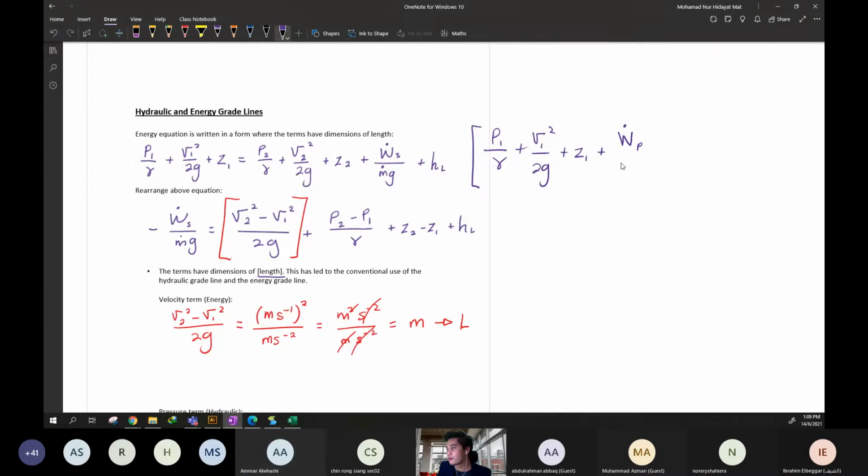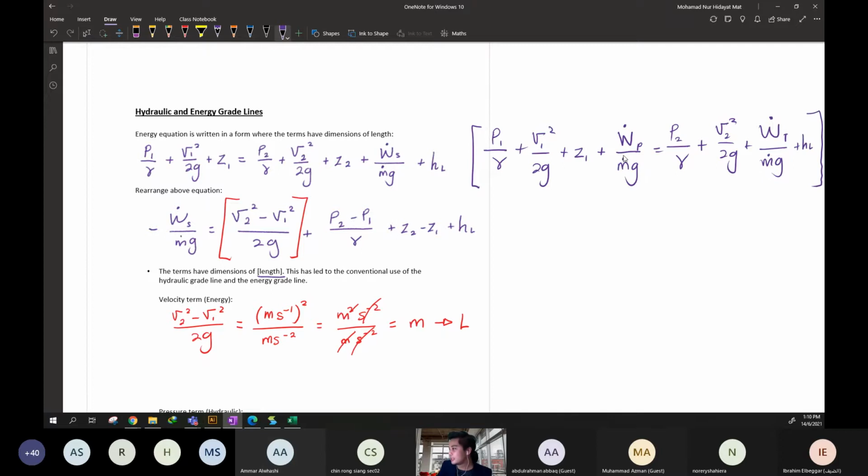P1 over gamma plus V1 squared over 2g plus Z1 plus work of the pump over mg equals P2 over gamma plus V2 squared over 2g plus Z2 plus work of the shaft, this is the turbine, over mg plus head loss.